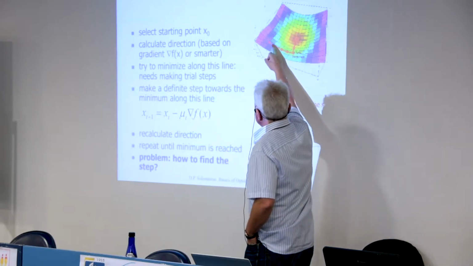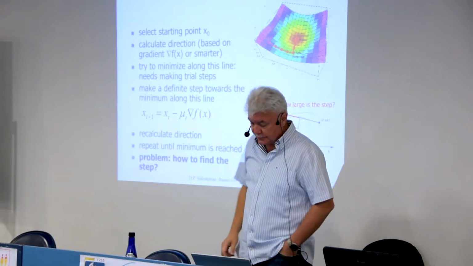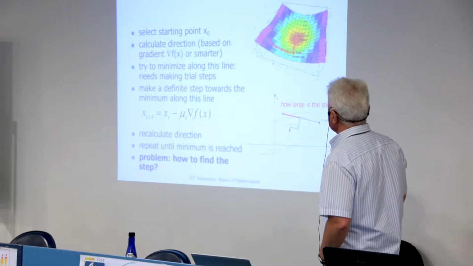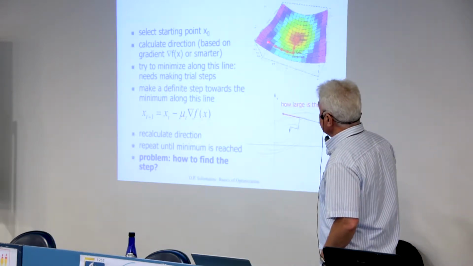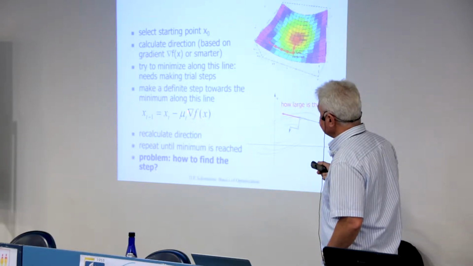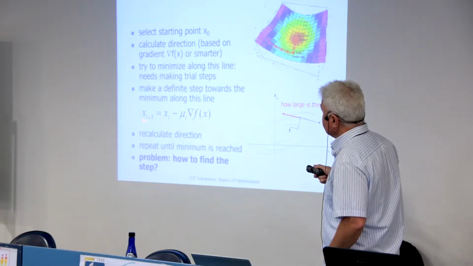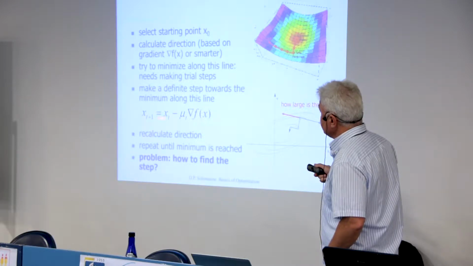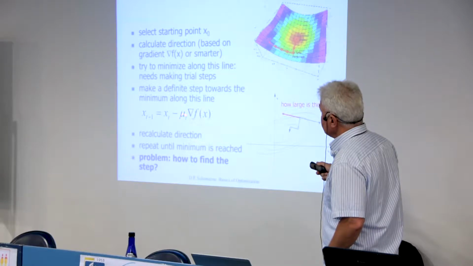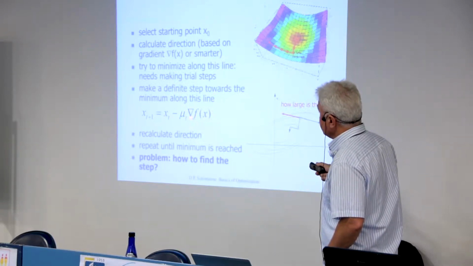This red trajectory is the one you would follow if you use the steepest descent method. The idea is that at every point, if you start at a random point x0 here, you would calculate the gradient, and your next point x1 would be a point at a certain distance from x0 in the direction of the gradient.